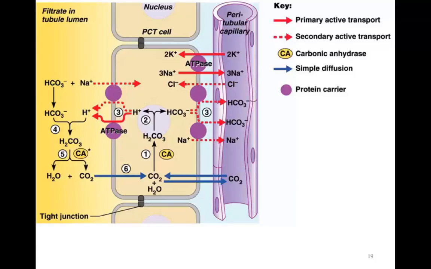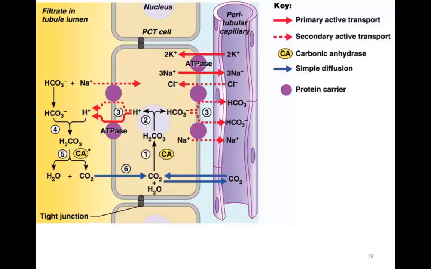The first one is the sodium hydrogen counter transport, in which hydrogen ions are secreted from the luminal border to the tubular lumen in exchange with sodium ions, which are pushed into the renal tubular cells.